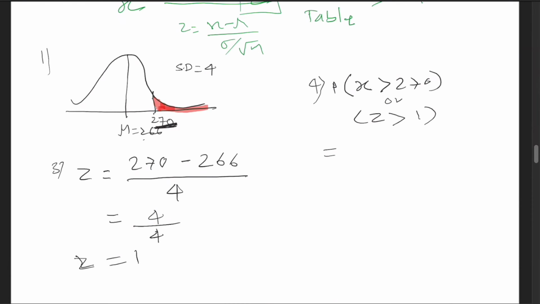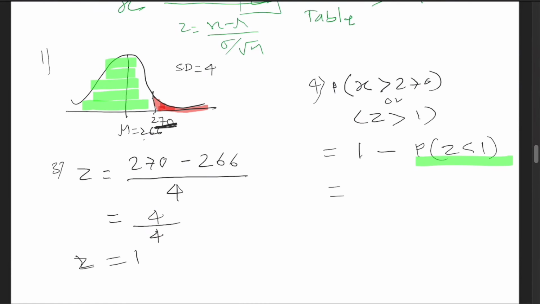But the table always gives us the area to the left, the green, so we should be subtracting from 1 the area in the green. So you can write it as 1 minus the probability of z less than 1, because that's the area in the green and 1 is the total probability. We cannot just find the right side area in red directly.